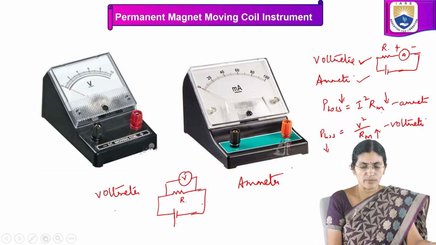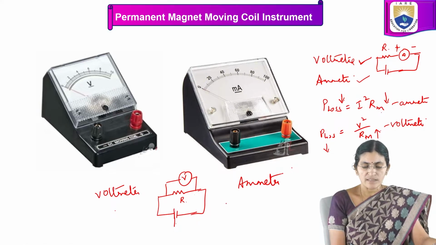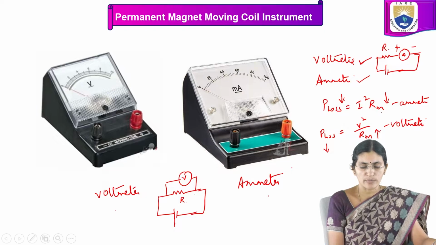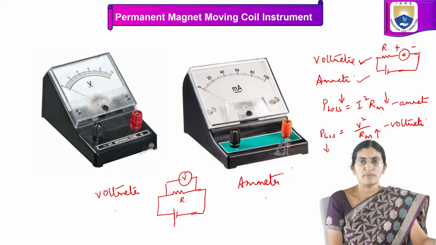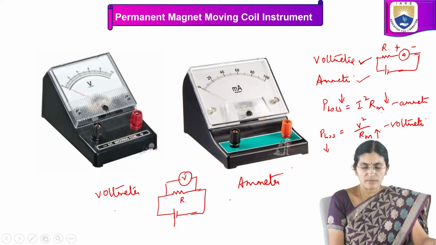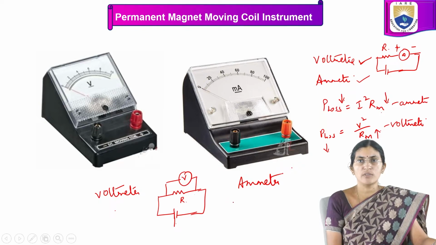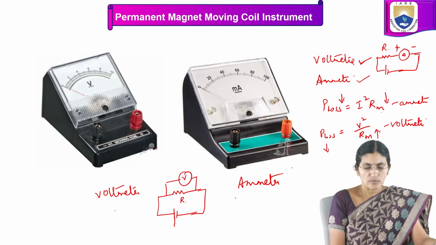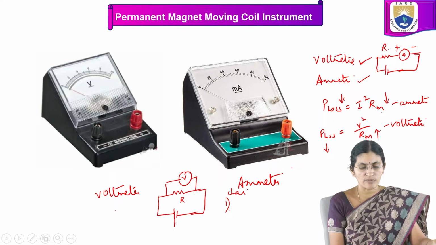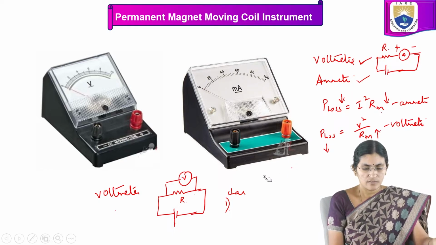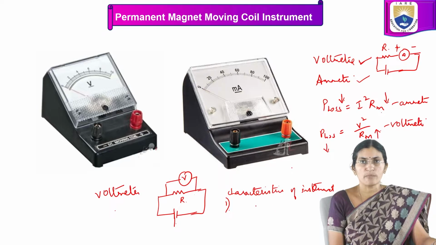The important requirements of any instrument, whether a voltmeter or an ammeter: the basic operating principles of voltmeter and ammeter are the same, so we can group them into the same category. There are some important characteristics for an instrument to be used for measuring purposes.